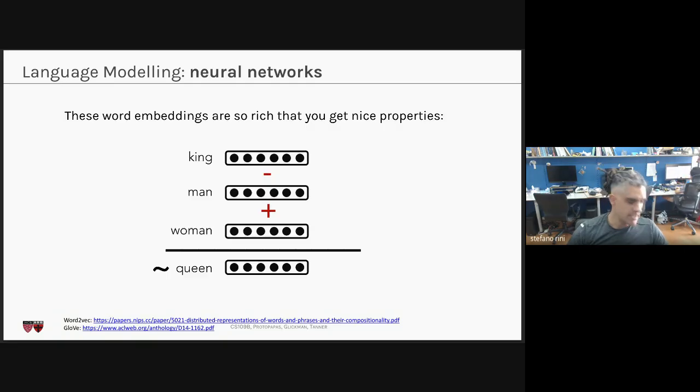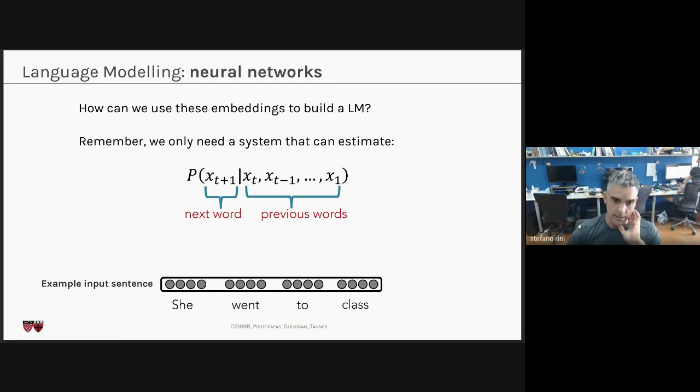The neural network spits out a vector of size 20, and the vector is such that if we take the embedding for king, subtract the embedding for man, and add the embedding for woman, we magically observe the embedding for queen.